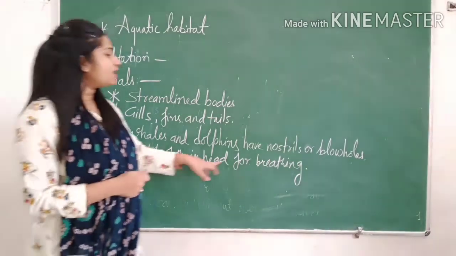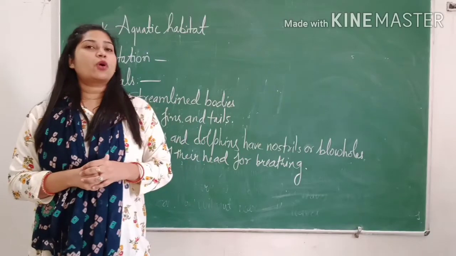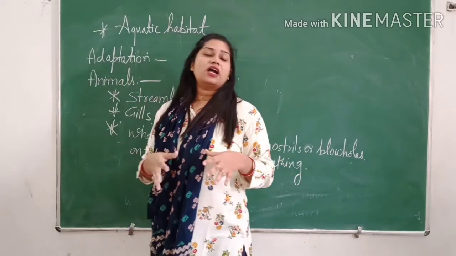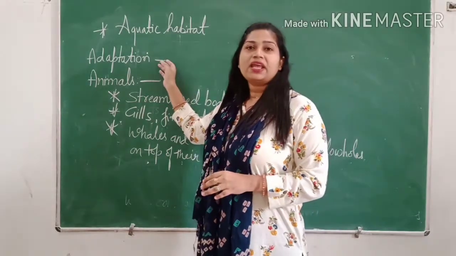This is basically meant for breathing. They usually come to the surface of the water to take in air. So this is all about the adaptations present in animals in the case of aquatic habitat.